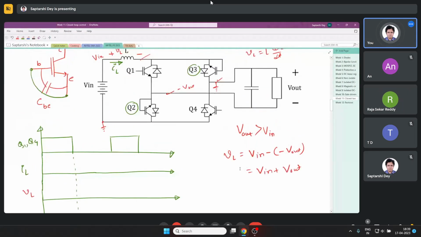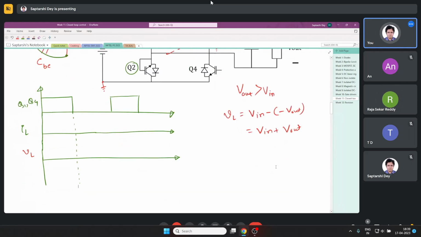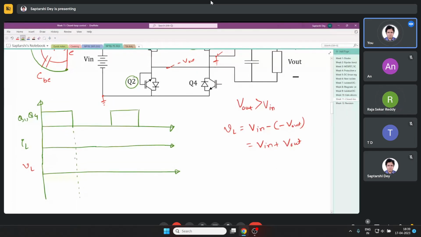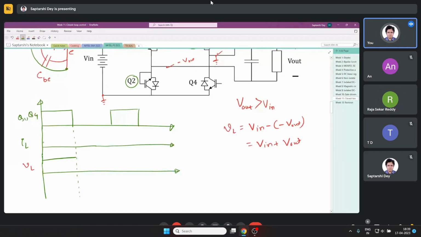Although they have shown V out like this, we do not know the absolute magnitude of V out, but let us take it positive for now. So if VL is positive, my inductor current is rising.